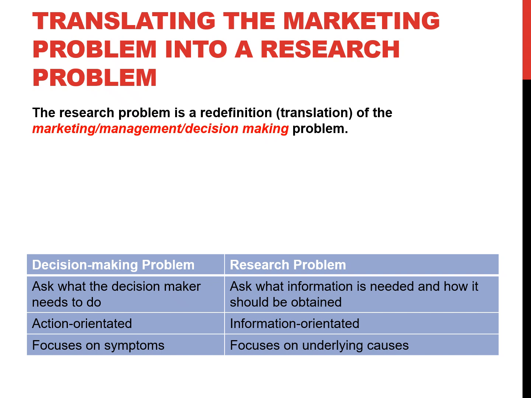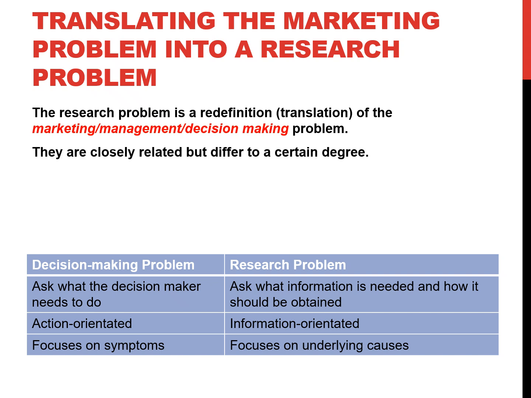So looking at the research problem and translating it from a marketing problem, the research problem is really a redefinition of the marketing problem. And just so that you don't get confused, this is often referred to as a marketing problem, a management problem, or a decision-making problem.